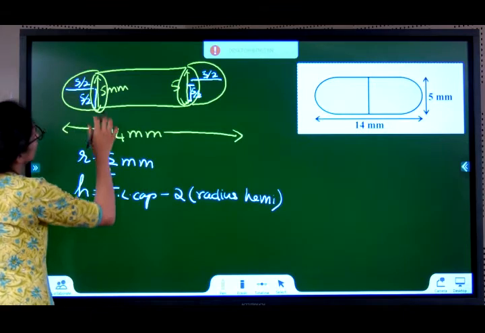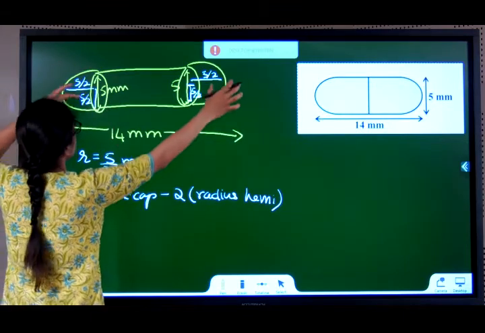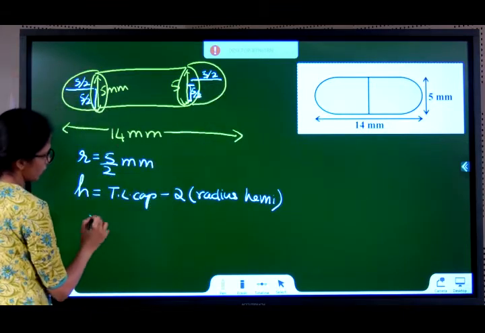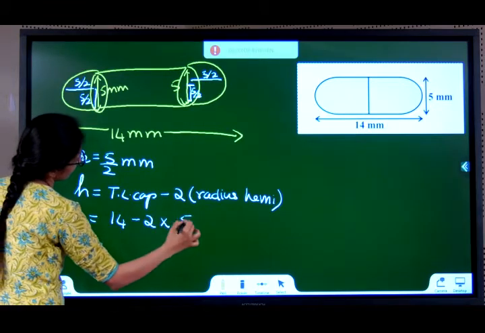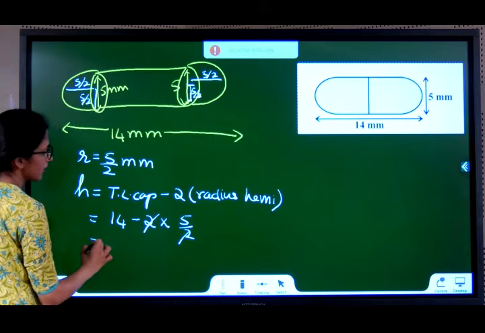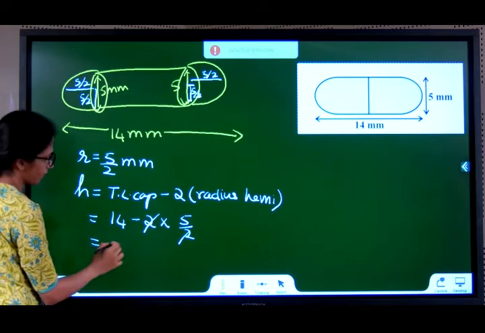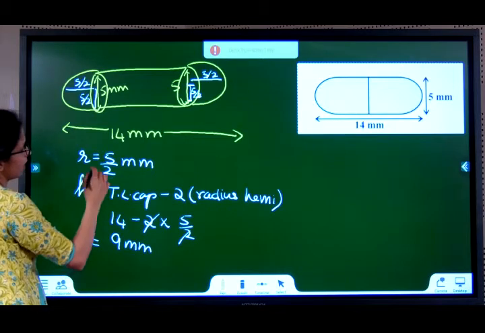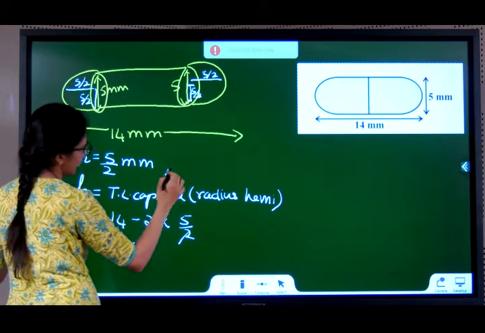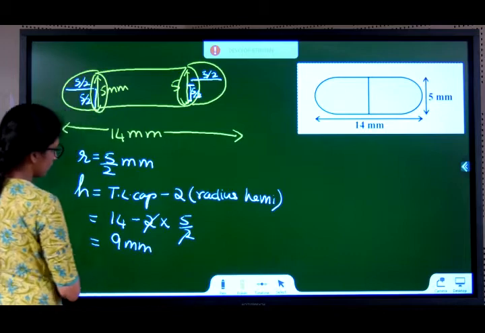How? Total length 14 minus 5 by 2 minus 5 by 2. So 14 minus 2 into radius, which is 5 by 2. 2 cancels. 14 minus 5, 9 millimeter. So we have R equals 5 by 2 millimeter, and now we have H equal to 9 millimeter.